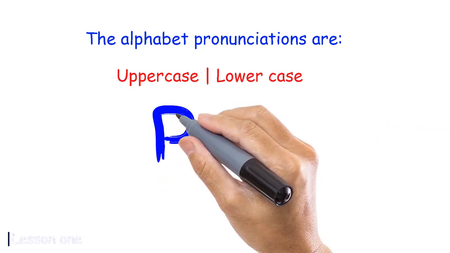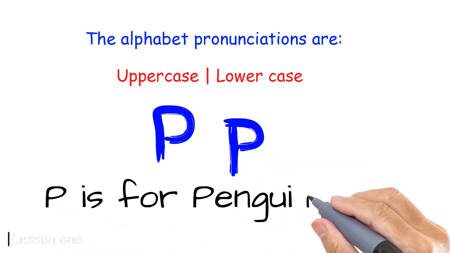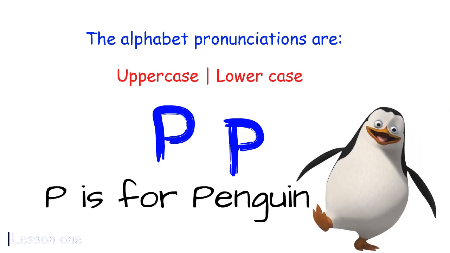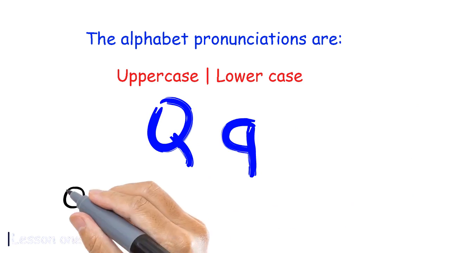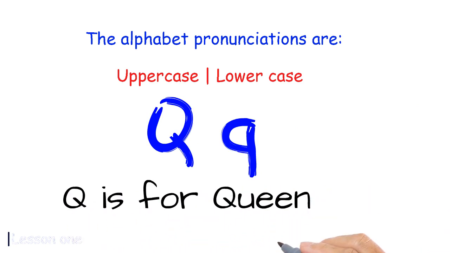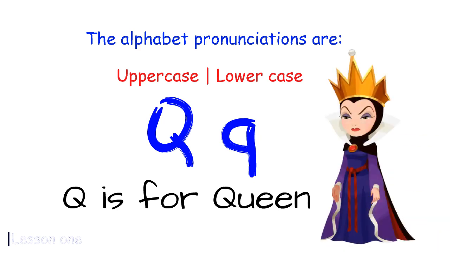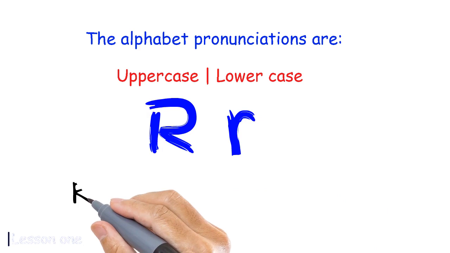P is for penguin. Q is for queen. R is for rake.